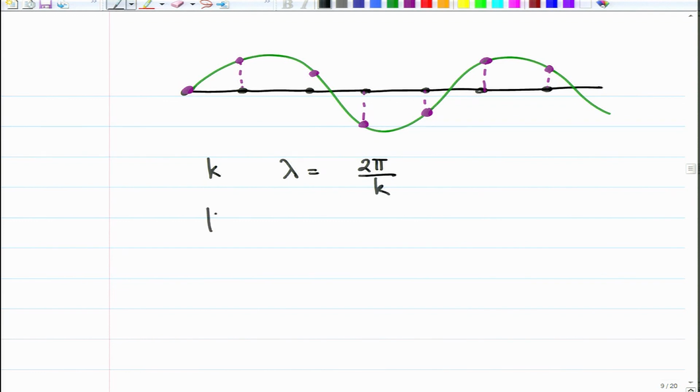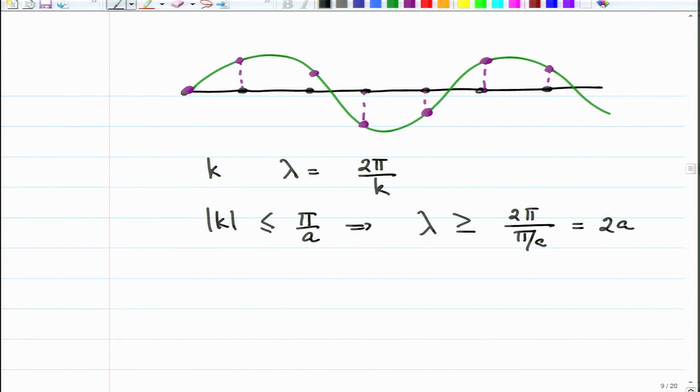When I say mod k is less than or equal to pi over a, this implies that lambda is greater than or equal to 2 pi over pi over a, that is equal to 2a.